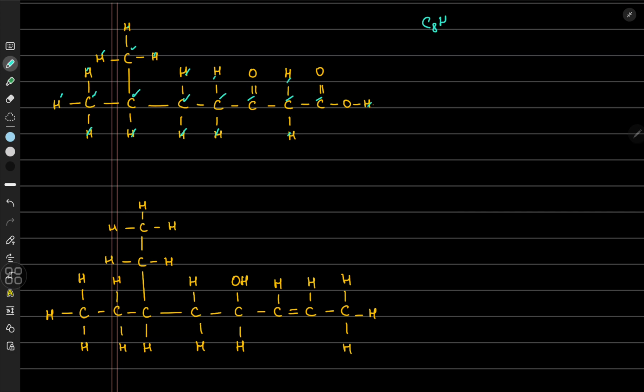So there are 14 hydrogens, and of course 3 oxygens. We cannot have a simpler form of this formula, so the molecular formula is equal to the empirical formula because this cannot be further simplified. Having said that, let's move on to the structural formula.